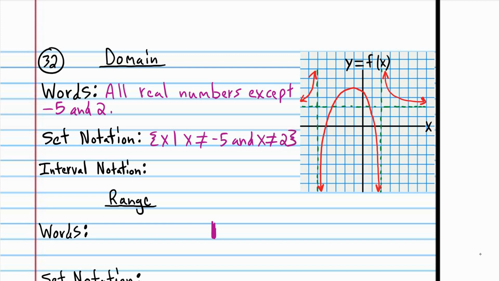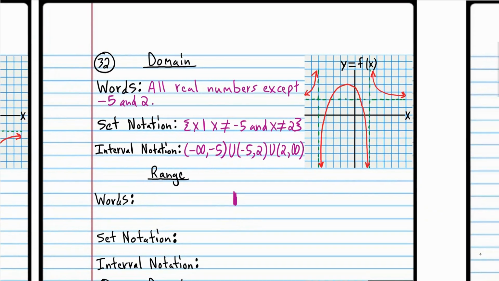In interval notation, we write negative infinity, comma, -5, union, -5, comma, 2, union, 2, comma, positive infinity.